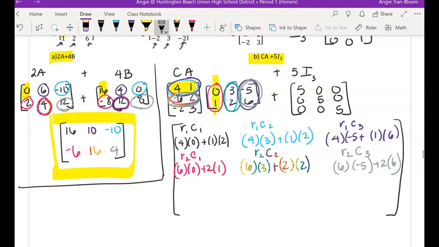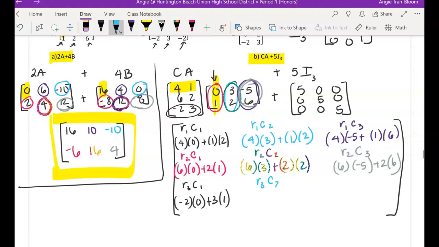Then we are going to go to row 3, column 1. Row 3 is, let me erase a bunch of this stuff because I cover everything up. Okay, row 3 is now this guy, negative 2 times 0 plus 3 times 1. Then we are going to work with row 3, column 2.